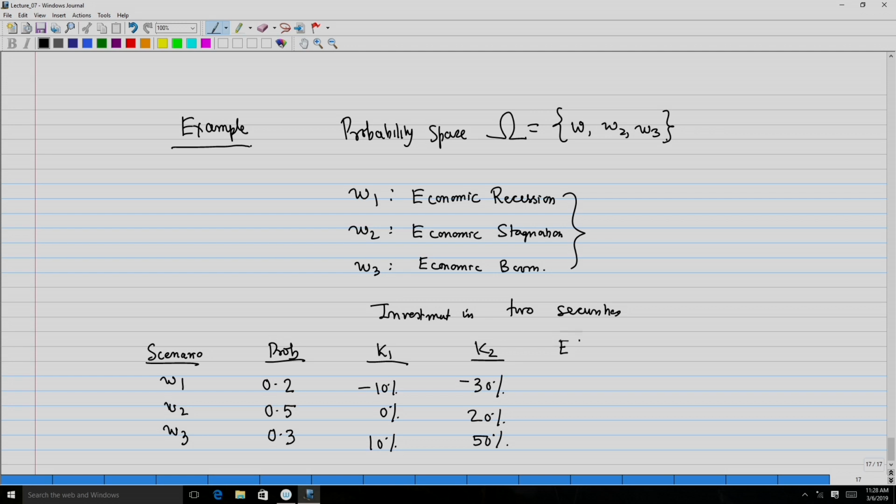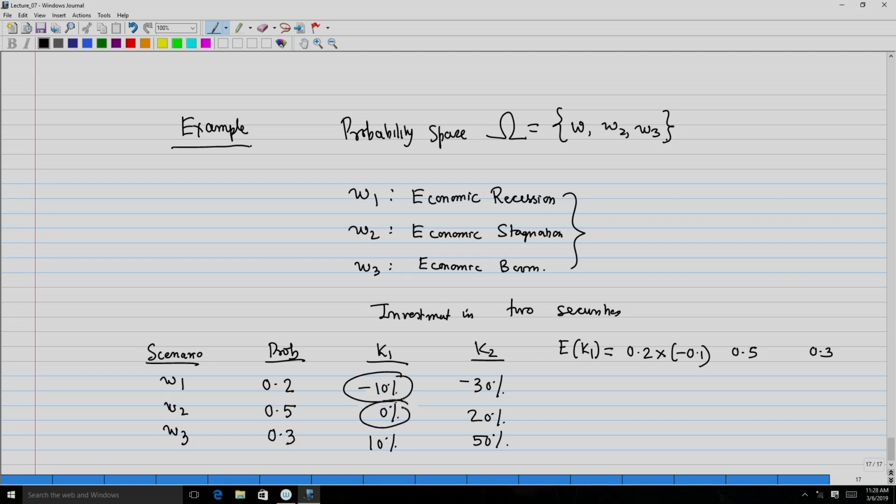So, what is going to be E of K1? E of K1 is going to be nothing but the random variables multiplied by the probabilities, summed up. So, what are the probabilities? Probabilities are 0.2, 0.5 and 0.3. We multiply by the random variable of the returns. In the first case it is minus 10%, so this is going to be minus 0.1.